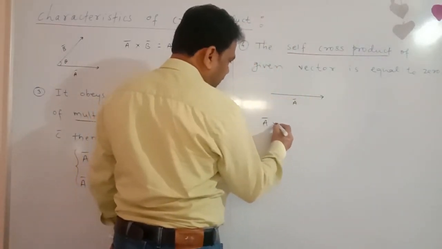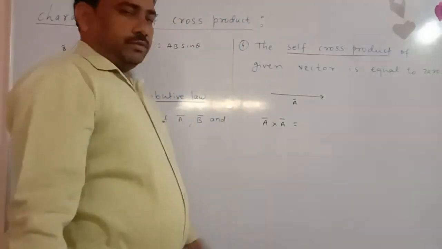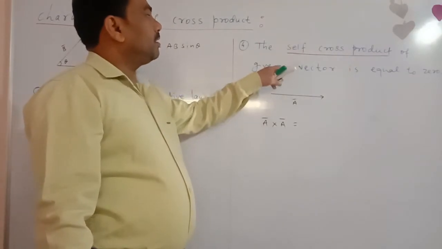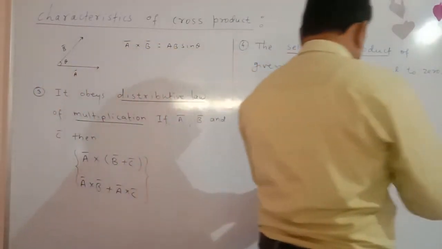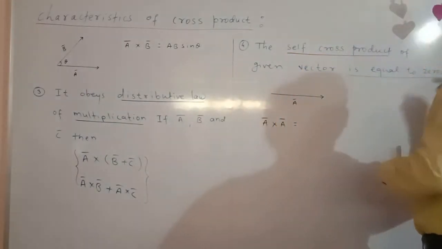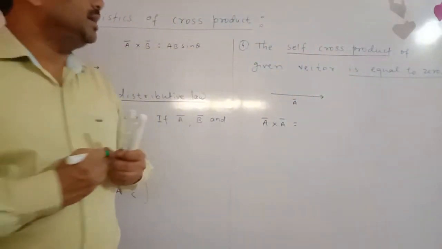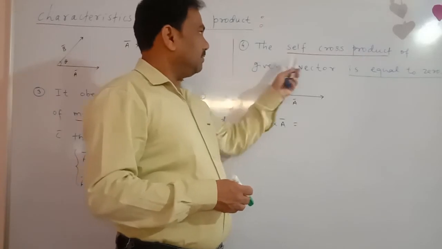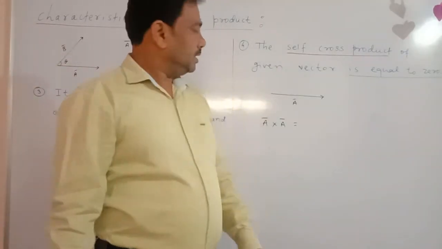Vector A cross vector A, the self cross product of the given vector, is equal to 0. So we have to prove now how it is equal to 0, and why the characteristic is like that.